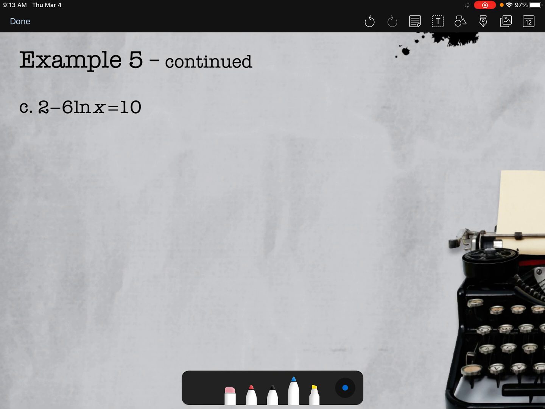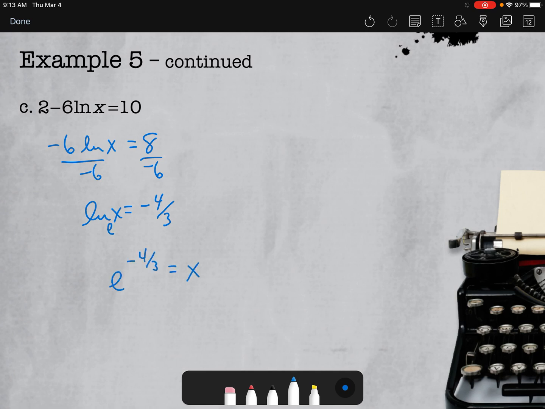Okay, now we're going to throw a subtraction sign in there. Let's see. How about we subtract 2 first? That's 8. And then what if we just divide by -6? That's -4/3, right? If we reduce it, and remember this is e, so e to the -4/3 equals x.